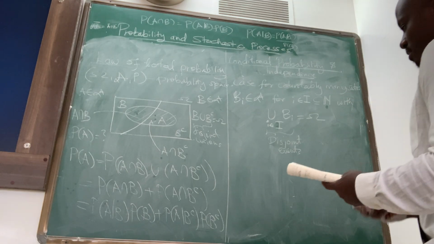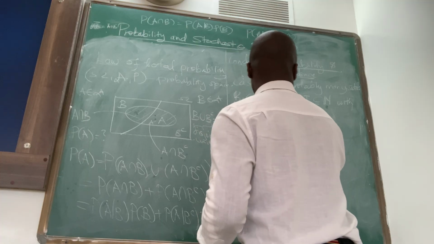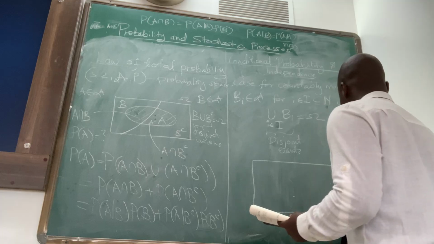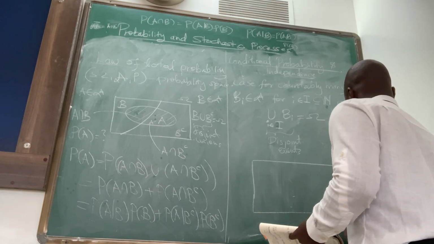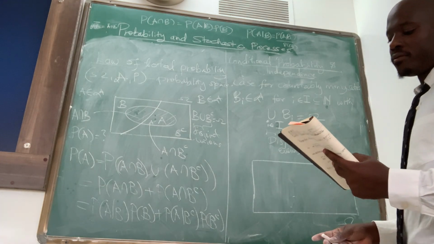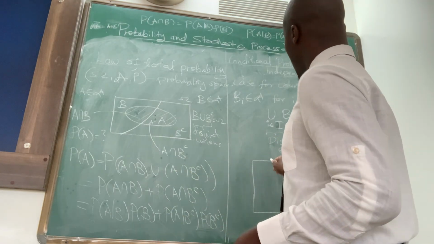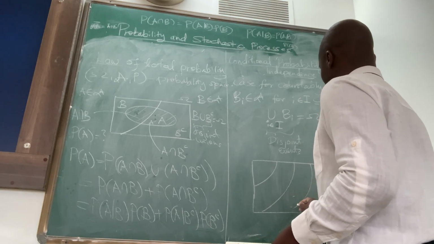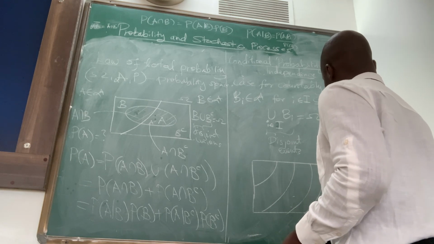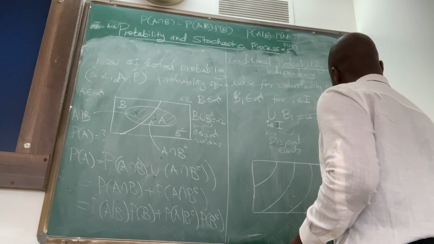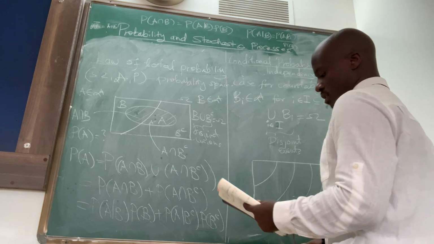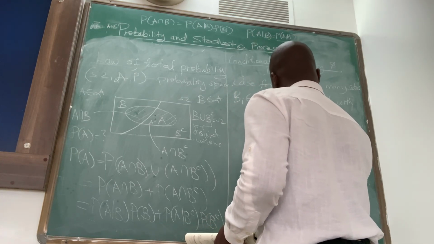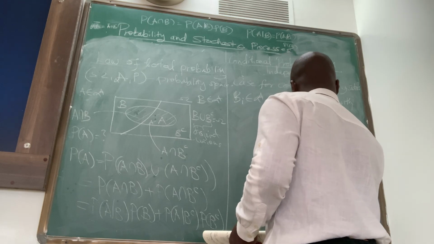So let's just visualize this. You have this sample space, omega, and then we have the B's, 1, 2, 3, 4, many of them, going up to infinity. So here you have B1, B2, B3, B4, and that keeps going.